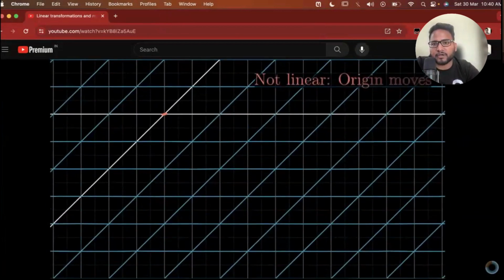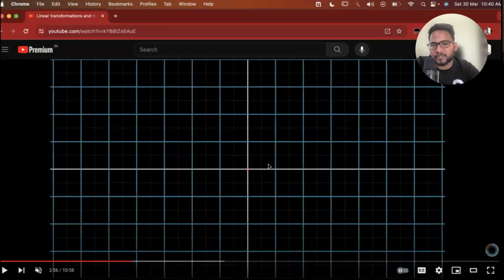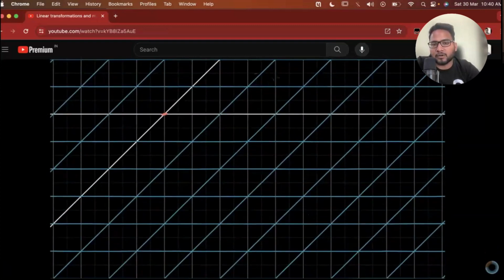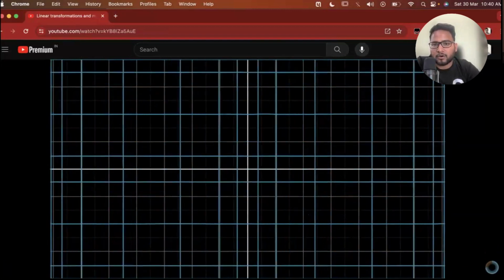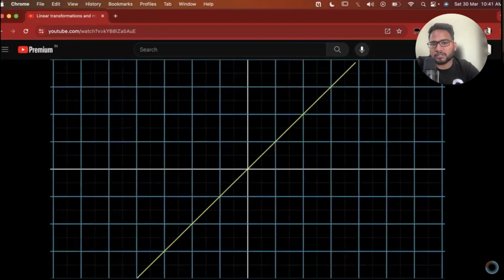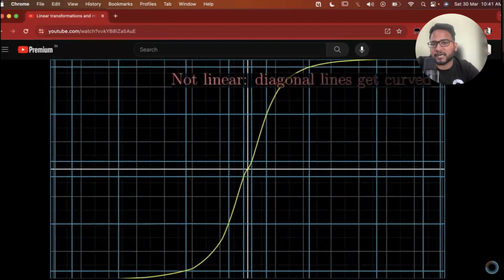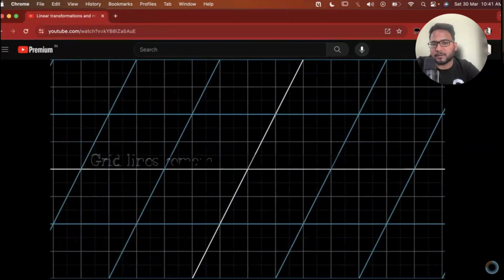If the lines are getting curvy, or if the origin is moving, then it is not a linear transformation. That's what we know mathematically also. If something is getting curved, then it is also not a linear transformation. It is just a geometric representation. We will see the mathematical examples also.